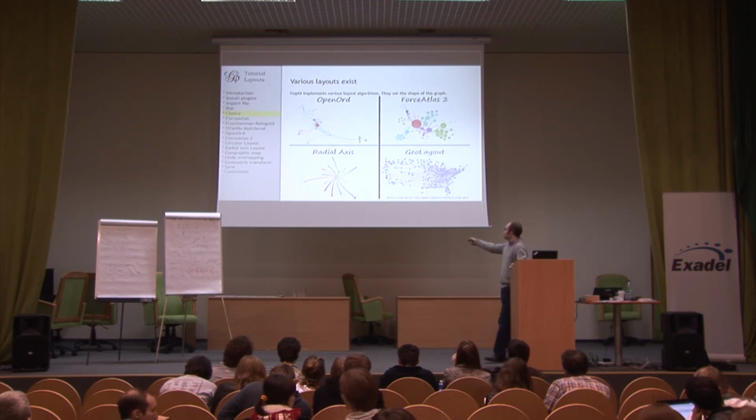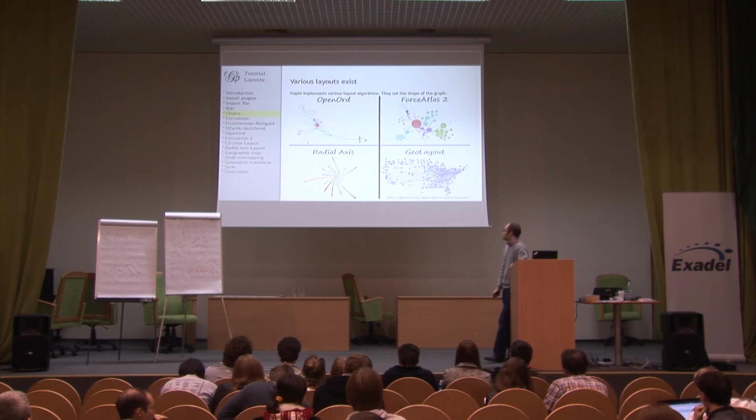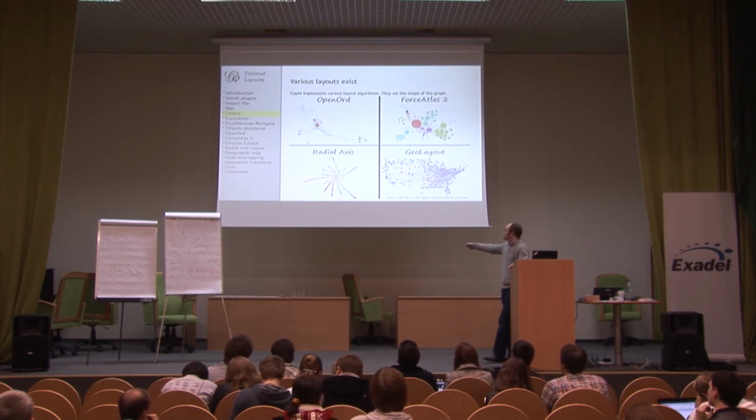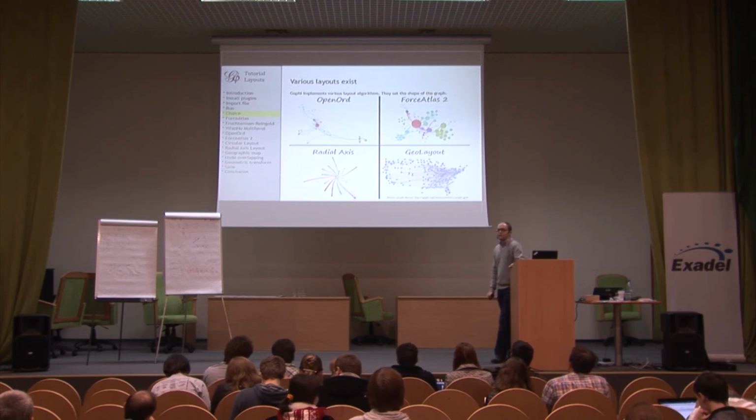And by using another new layout called the radial axis layout, you will be able to easily check what the top nodes are according to a specific parameter, and you will still be able to see the connections between the different nodes.